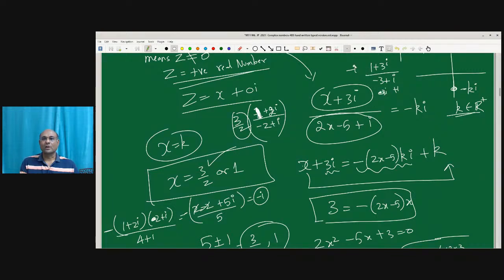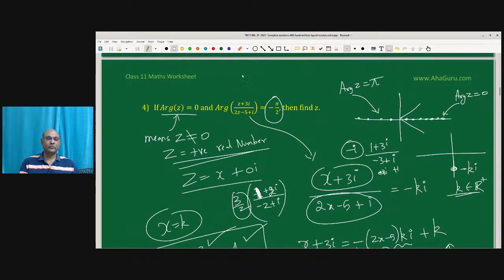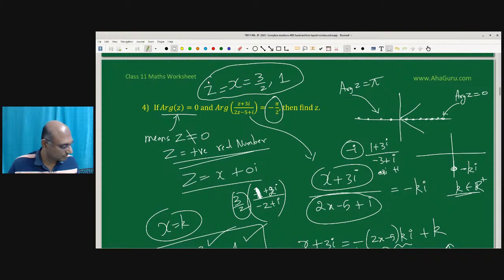This will cancel out, giving you minus i. So again, the answer works. So this also works. So there are two possible values. X is equal to 3 by 2 and 1. And both are positive, so both work.